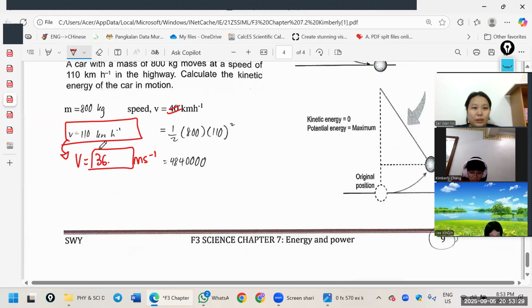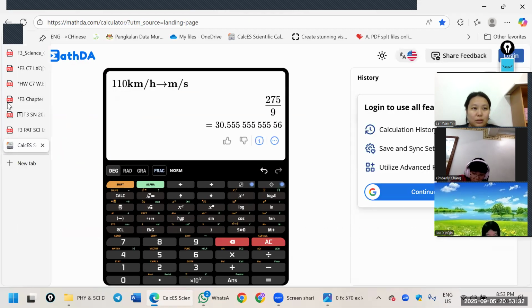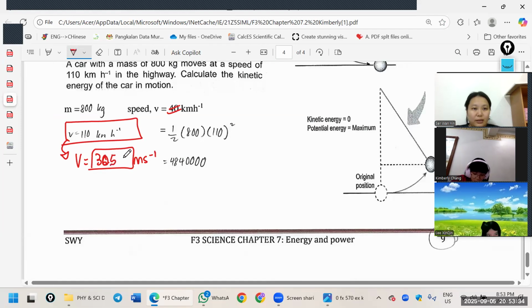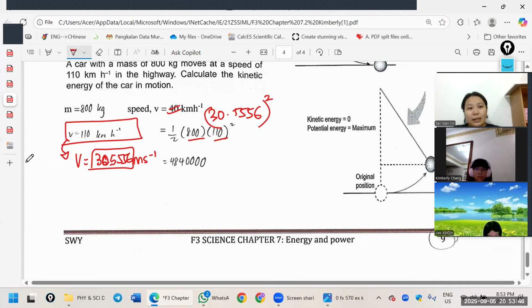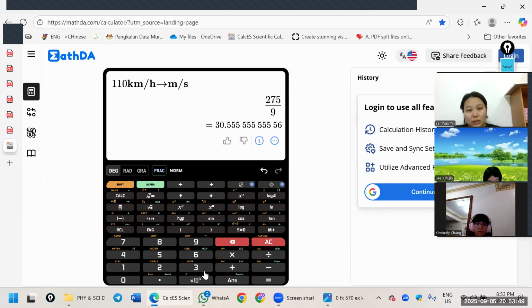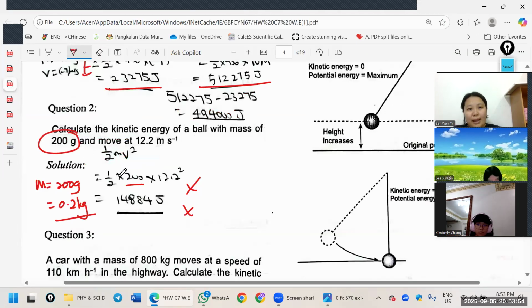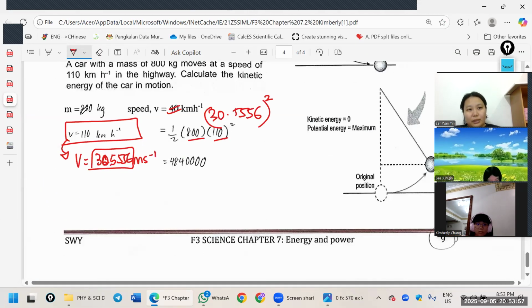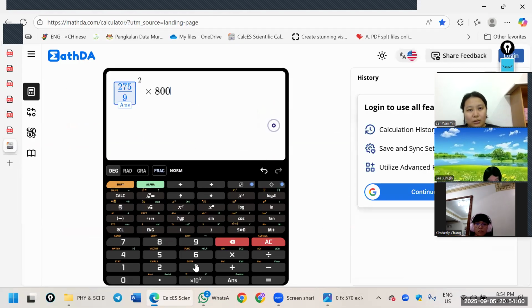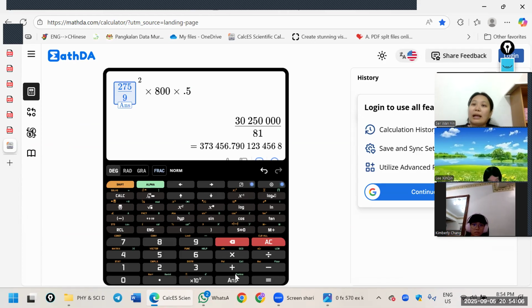So 30.5556. So it's half mv, 30.5556 squared. For me, I'm a lazy person, I will directly do this answer square times M, which is 800. 800 times 0.5. So now please be used to answer.